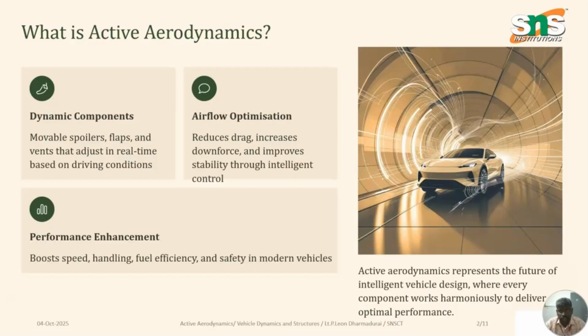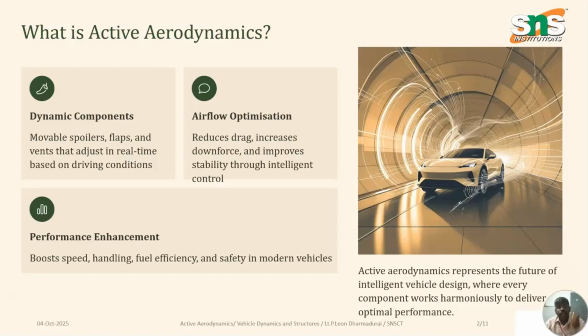There are many aerodynamic forces and moments involved in the vehicle motion. While designing a vehicle, the engineer should consider all these forces and moments, and accordingly fix the aerodynamic components in order to reduce drag, increase the downward force, and improve the stability of the vehicle. So this is normal aerodynamics.